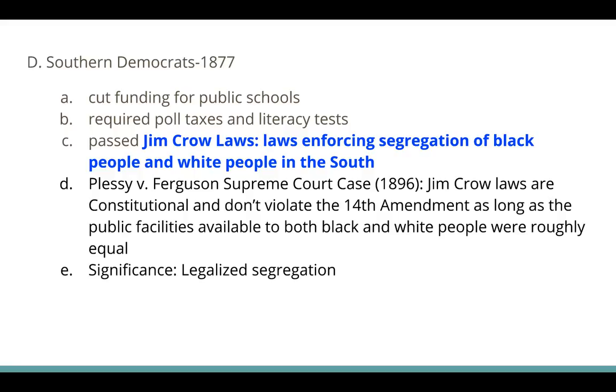Those facilities and services were not equally available to you if you were African American because of Jim Crow laws and because the Supreme Court basically legalized these laws and said it was okay and constitutional.